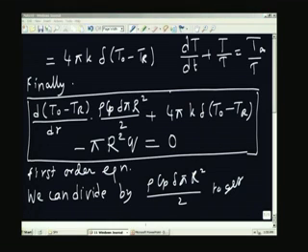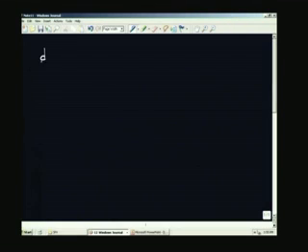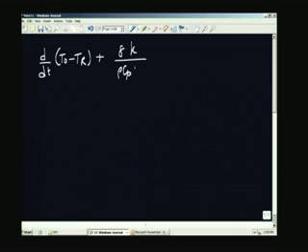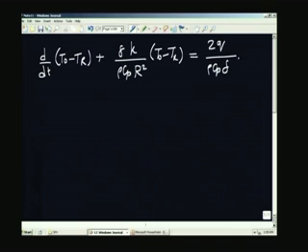Which will be d by dt of T naught minus T R plus 8 k by rho Cp r squared multiplied by T naught minus T R is equal to 2 q by rho Cp delta. This is the final equation, and you can see that this coefficient is nothing but 1 over the time constant.